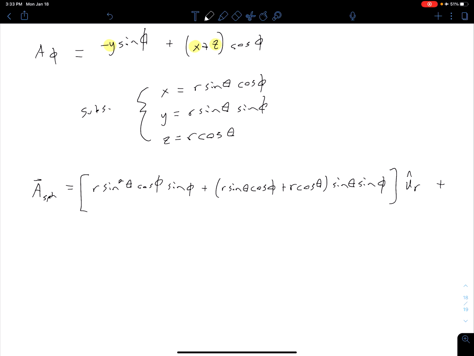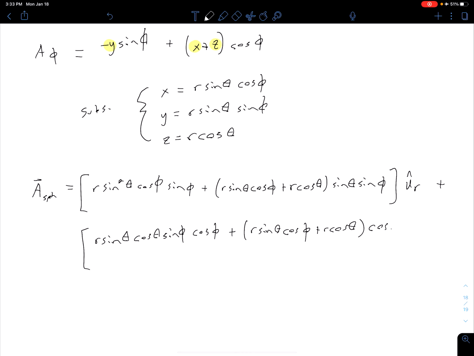Now on to our theta component. We have r sine theta cosine theta sine phi cosine phi plus the quantity r sine theta cosine phi plus r cosine theta, which is that recurring x plus z term just converted, and all of that times cosine theta sine phi.